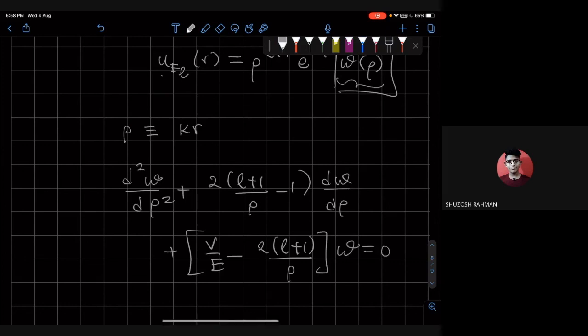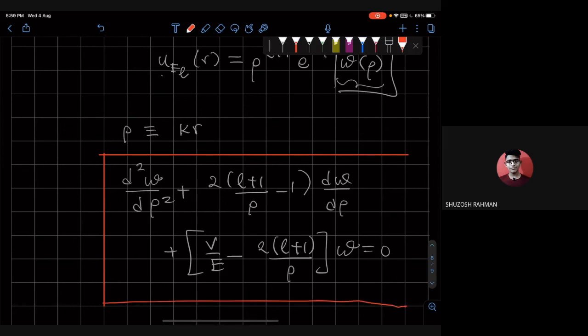Okay, so this is the differential equation for a very general class of systems in which, for example, the Coulomb potential is included. So in the next class, we will solve a system where this equation is valid, okay?